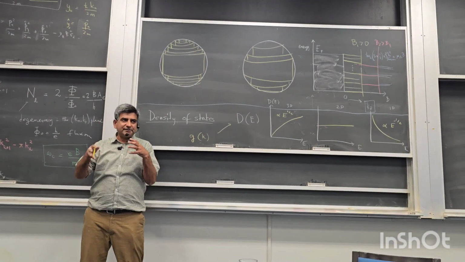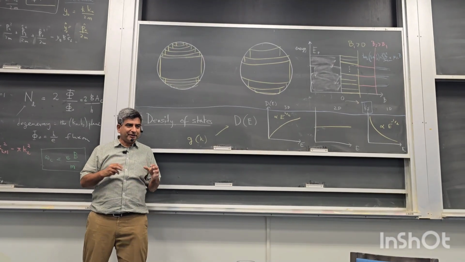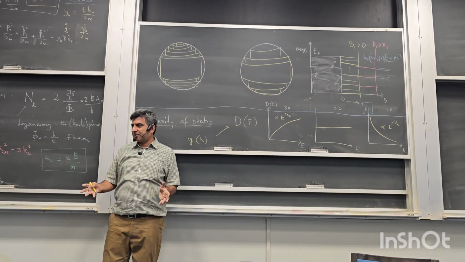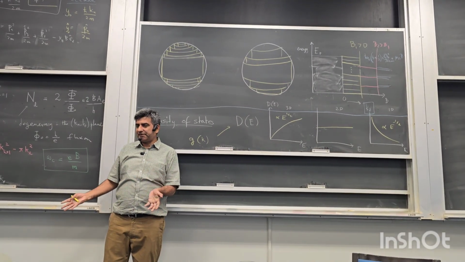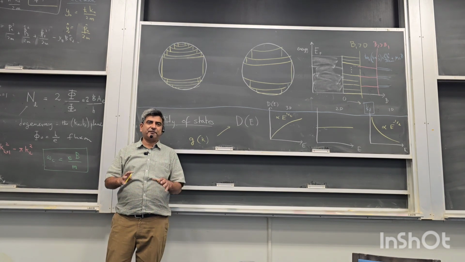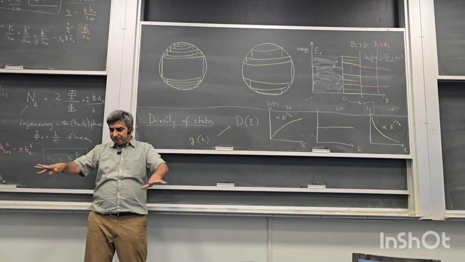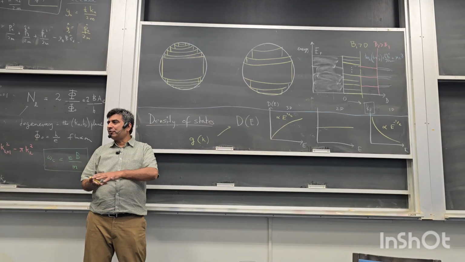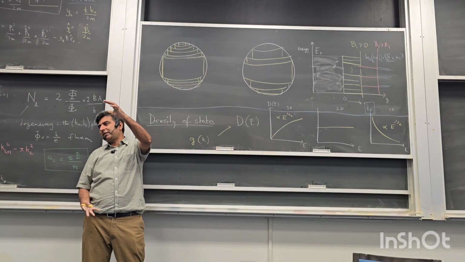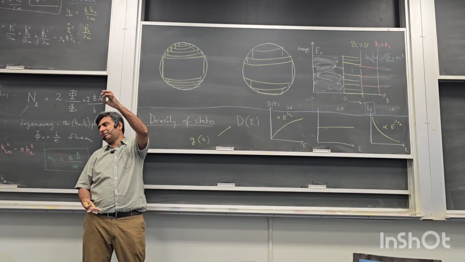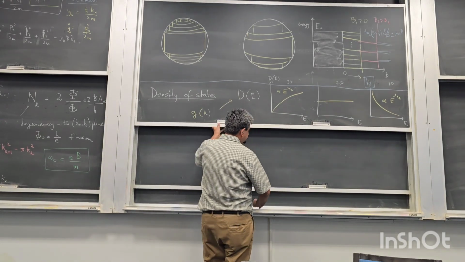So for a nice periodic regular K space structure, which exists for a solid in the absence of a magnetic field, everything is equally spaced. You can look at the density of states in 2D and then convolve it with the density of states in the third dimension.